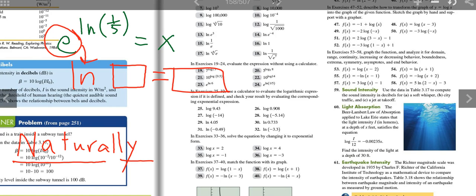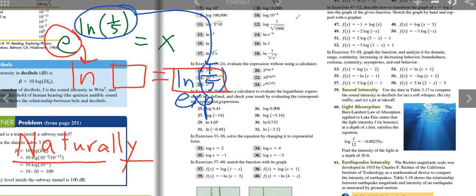Right, the natural log is base e. As soon as you see this, you should immediately be thinking natural log. Okay, so if you don't know, remember a logarithm is an exponent. So what's the exponent in this case? This entire thing is the exponent, right? The natural log of 1/5. That only leaves one thing left, x, right?